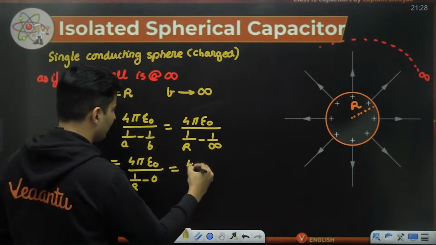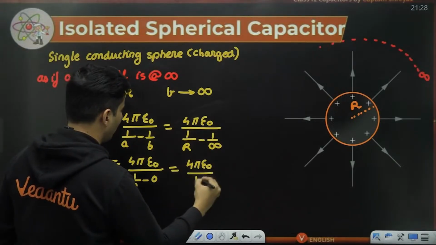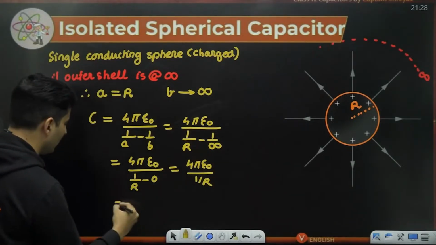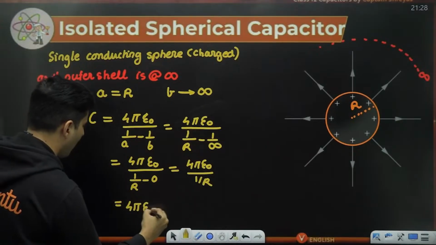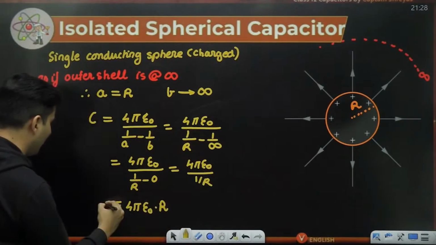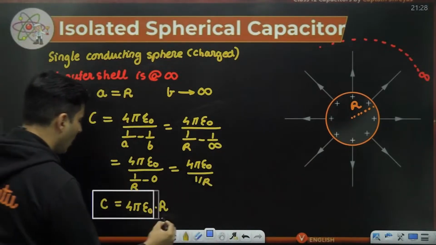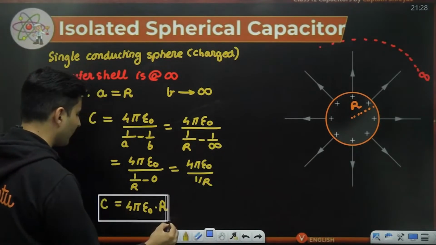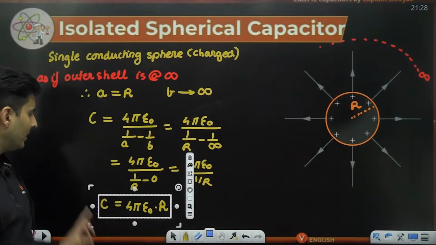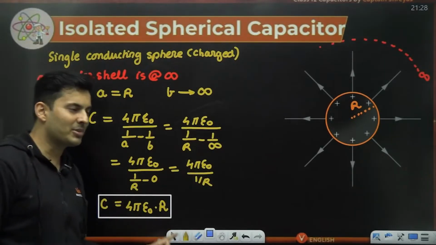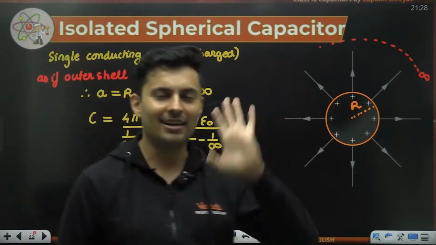So this will just become 4 pi epsilon naught 1 by r. R goes on the top, so it will just become 4 pi epsilon naught multiplied by r. So that is the capacitance of a single isolated sphere, 4 pi epsilon naught into r. Simple.